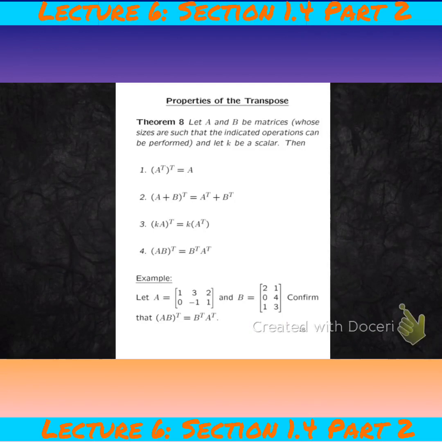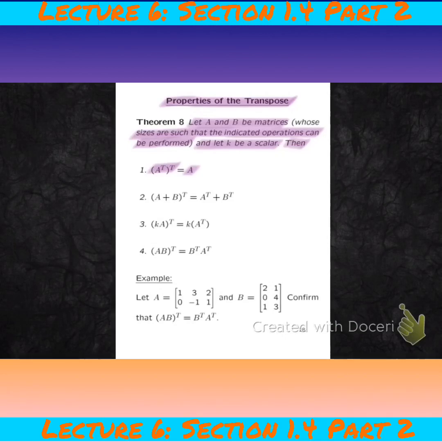Right, so next up, as we get to the end of this section, is a theorem on the properties of the transpose. If A and B are matrices whose sizes are such that the indicated operations can be performed, and we let k be a scalar, then the transpose of A's transpose is A. Now, I already looked at a proof of this in the previous tutorial, so I'm not going to look at that.